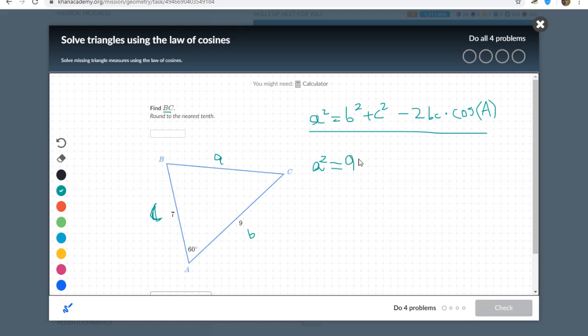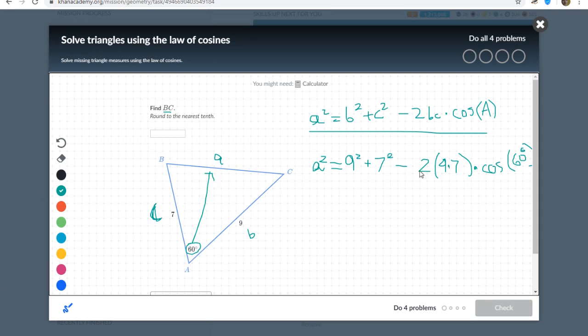So 9 squared plus 7 squared, because that's what little c is, minus 2 times 9 times 7 times the cosine of 60 degrees. Because again, we're trying to find little a, so we use the angle that's facing little a here.